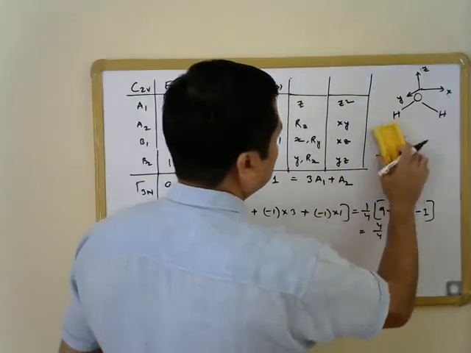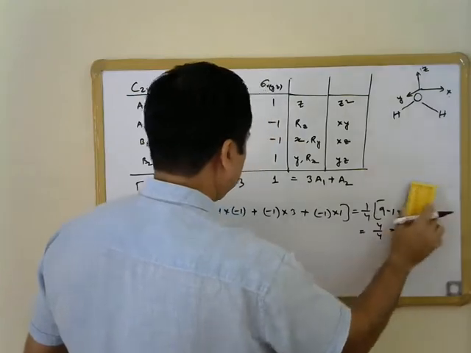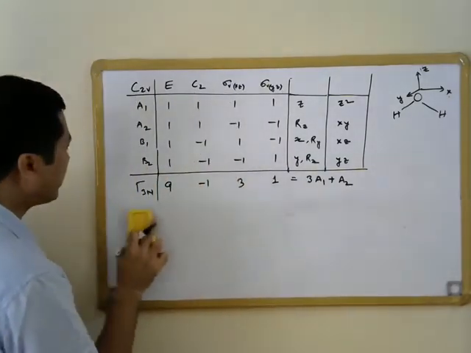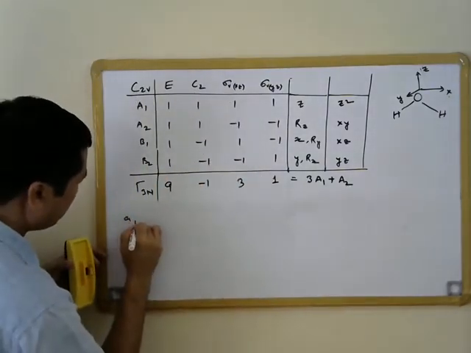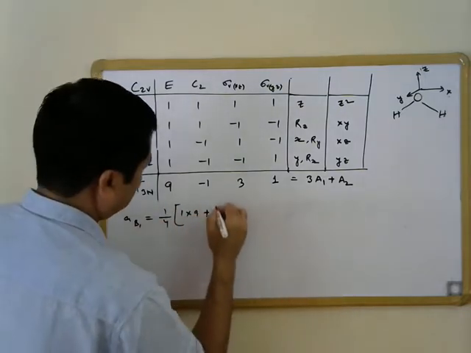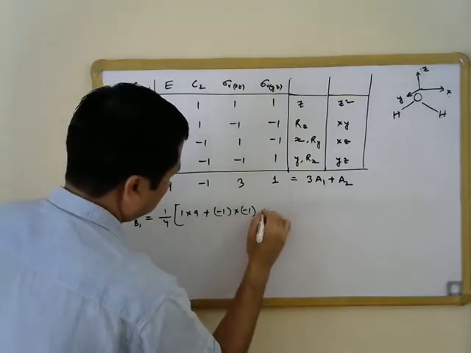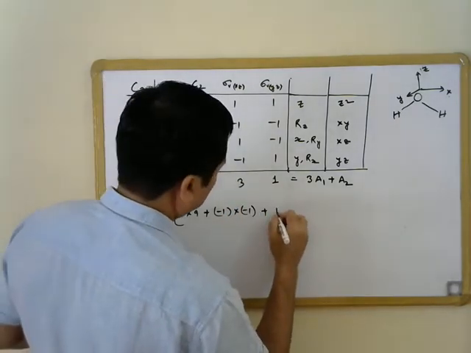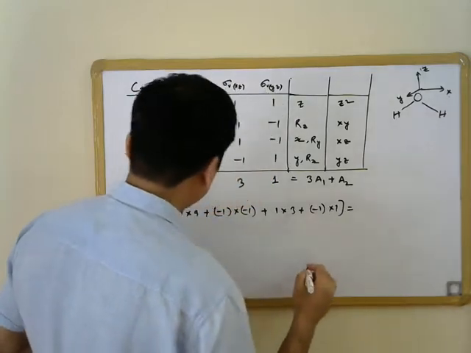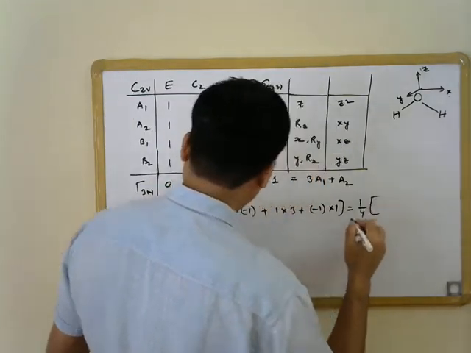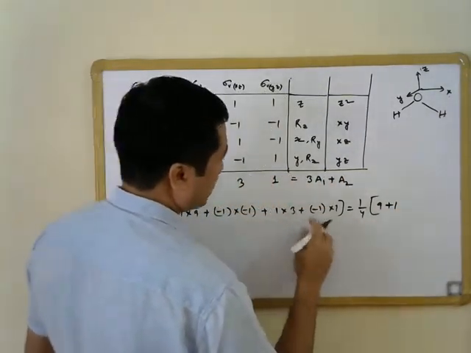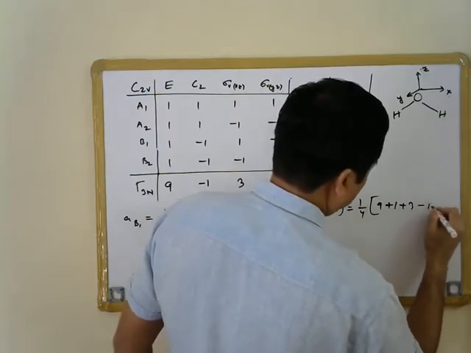So similarly, if we now do that for the B1 as well as B2 irreducible representations, plus 1, this becomes plus 3 minus 1.